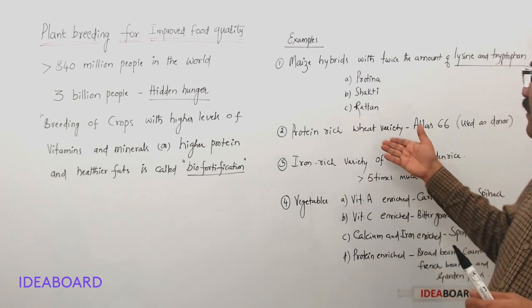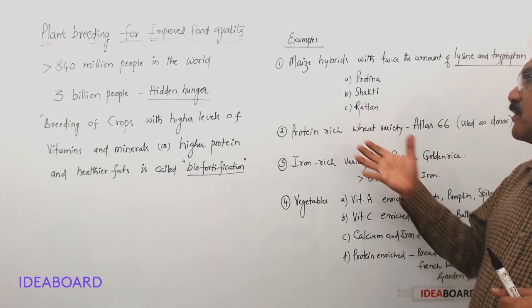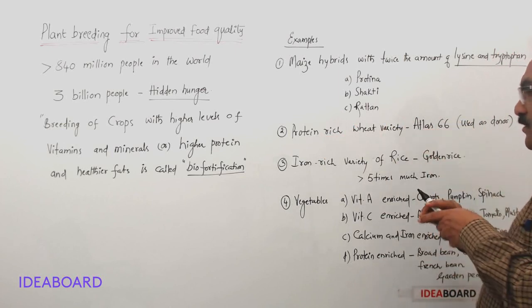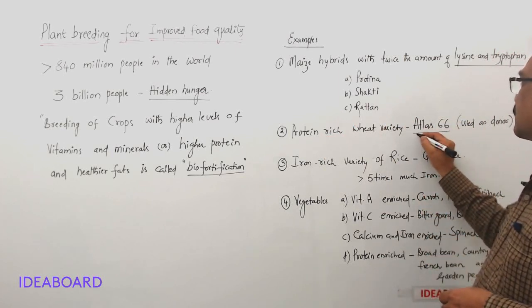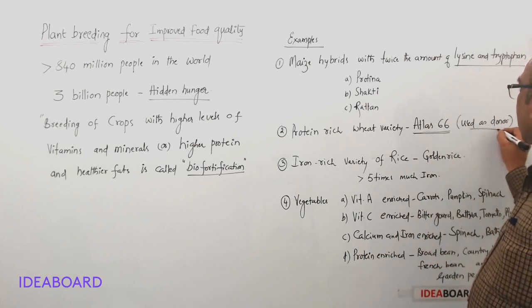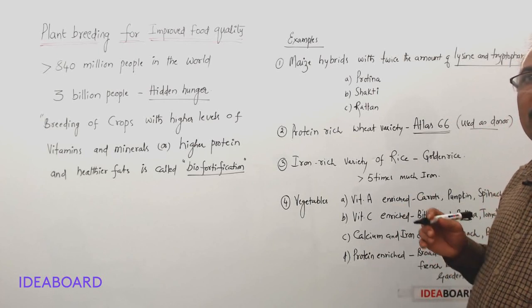Like that, they developed a wheat variety which contains so much protein, and that's why I wrote protein rich wheat variety, and its name is Atlas 66. But this Atlas 66 is used as a donor in plant breeding programs. Means what?